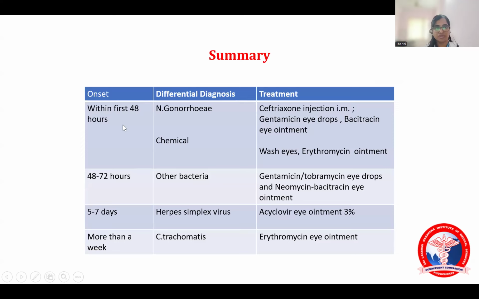If the child presents within 48 hours, then the cause is Neisseria gonorrhoeae or chemical conjunctivitis. If within 48 to 72 hours, it should be due to other bacteria. If it is 5 to 7 days, we have to think of herpes simplex. More than a week, we have to think of Chlamydia trachomatis. And the treatment differs for each condition.